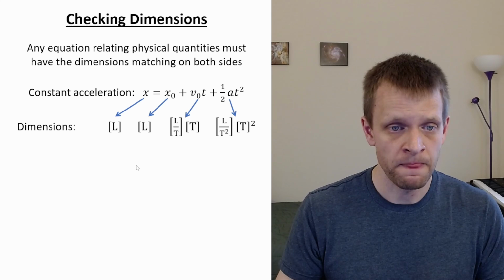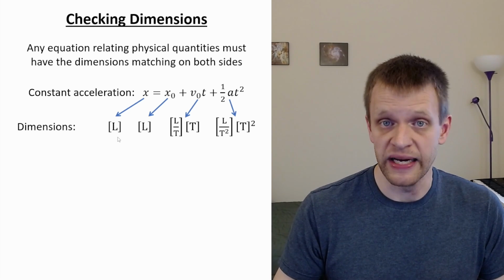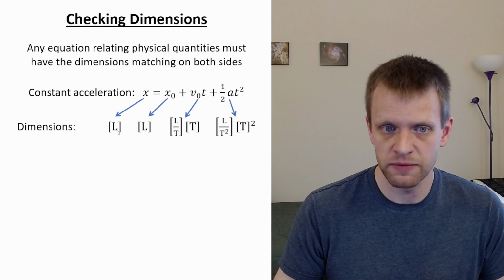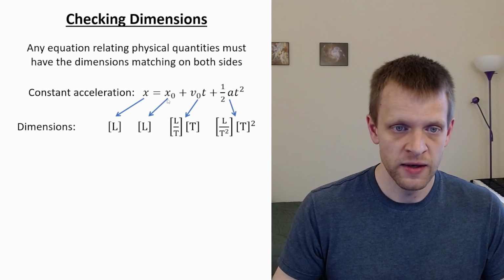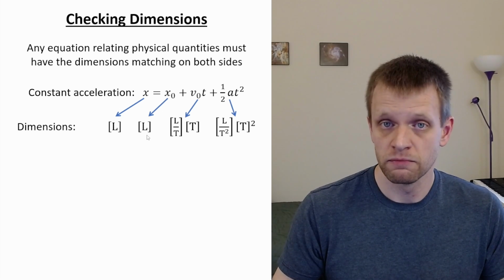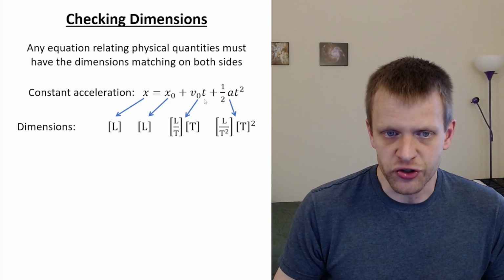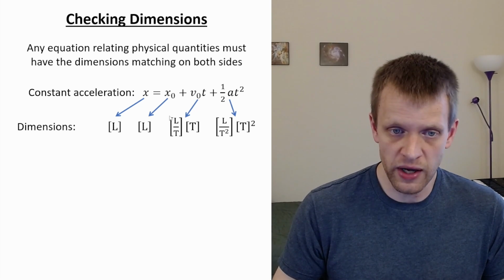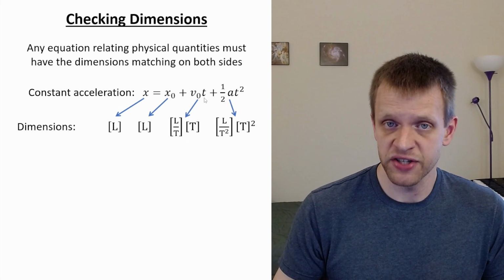Let's check this. Well, my final position is going to be a length, some kind of distance. Where am I? So that's going to be a length, so everything else also has to end up as a length. My initial position, that's also a length. Pretty straightforward. This middle term, initial velocity times time. Well, velocity is a length divided by a time, and I'm multiplying that by a time.